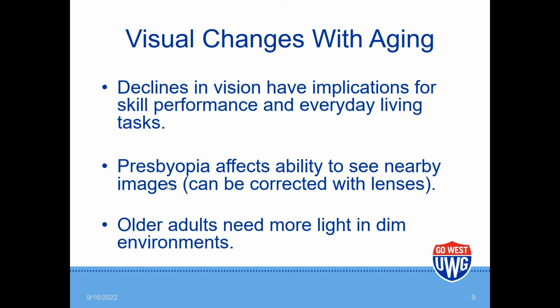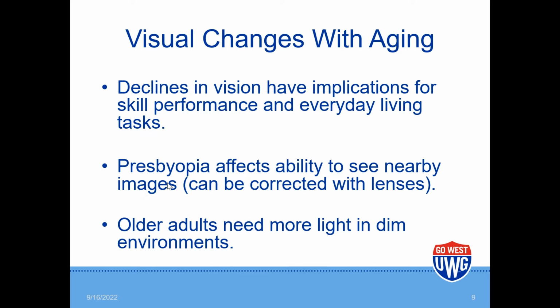So, visual changes with age. Most of you may understand that typically vision declines as you get older, and this can have implications on skill performance and even everyday tasks. A lot of times, you'll see that most older adults tend to wear glasses or need to wear glasses, maybe even when they read. There's a condition called presbyopia.